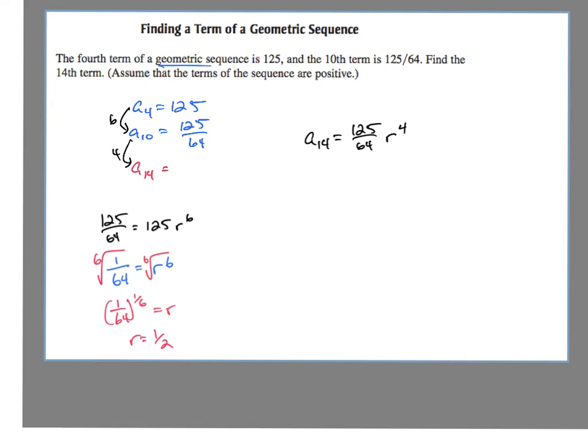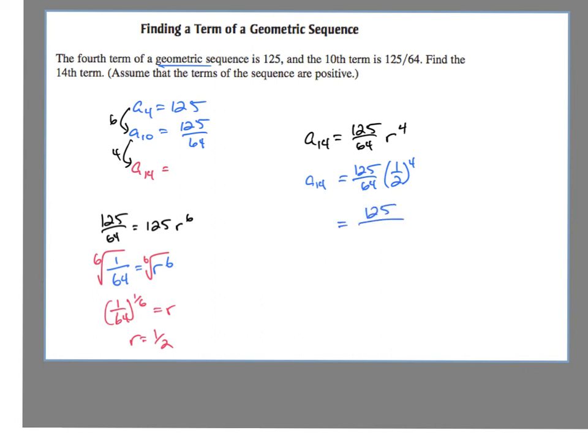Are you following me? So then I'd have 125/64, and then 1/2 to the power of 4. That would give me my a sub 14. And again, work with your numerator and denominator separately. So we have 125 times 1 to the power of 4, which is still 125.